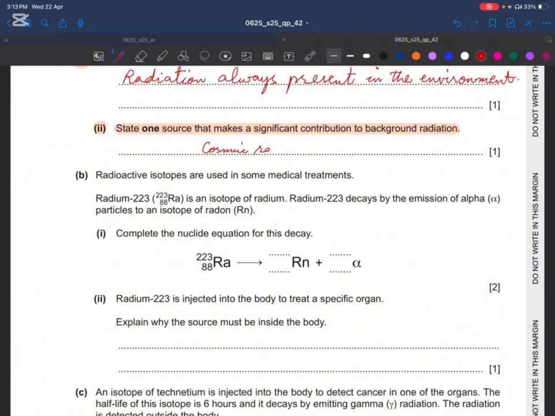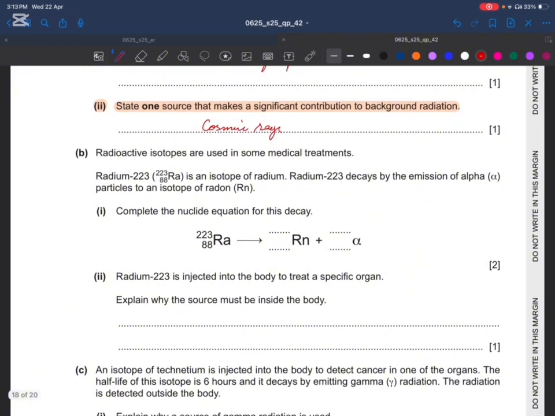So I'm writing only one answer, and this is the cosmic rays coming from the sun. Then part B, radioactive isotopes are used in some medical treatments.